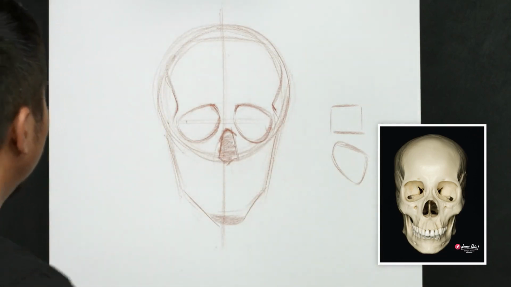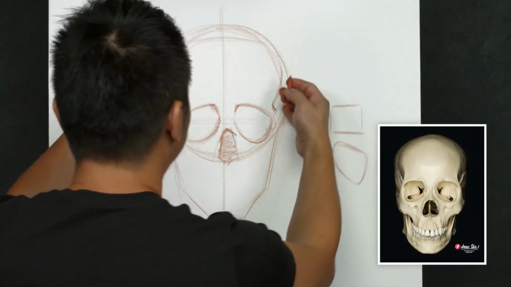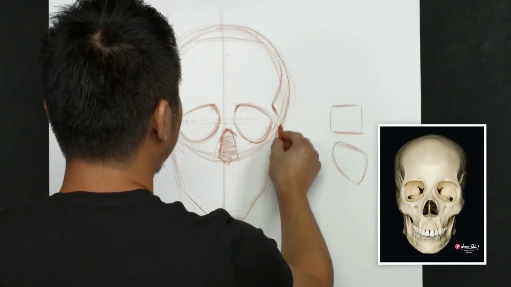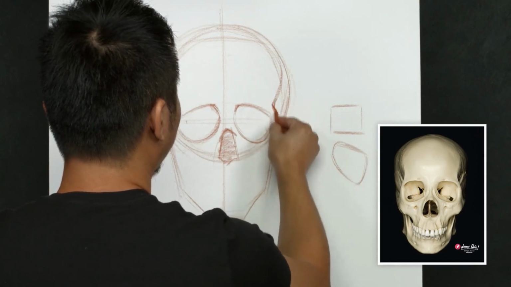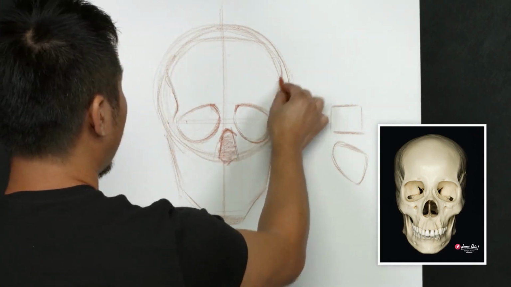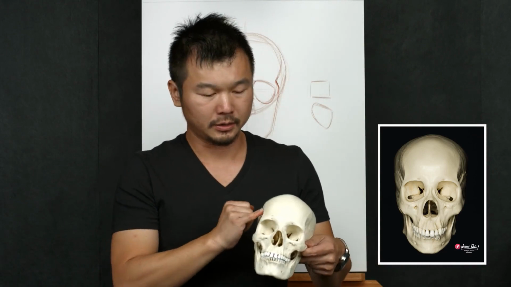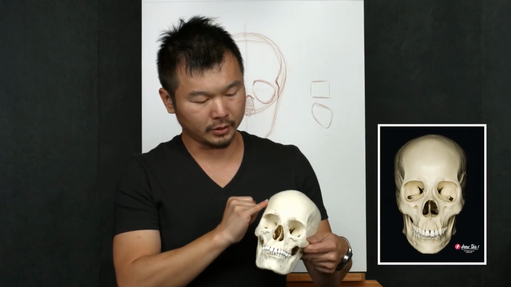Then this temple line continues and merges into the cheekbones. Here the bone gets firm. Here is just a soft edge that runs through the temple like this. You can see it fades into the side of the cranium.